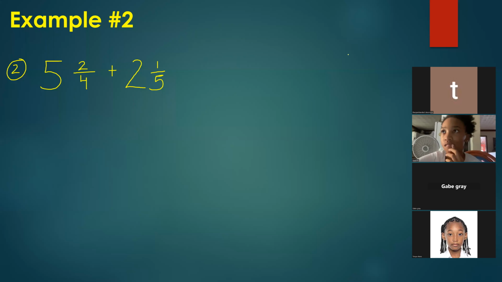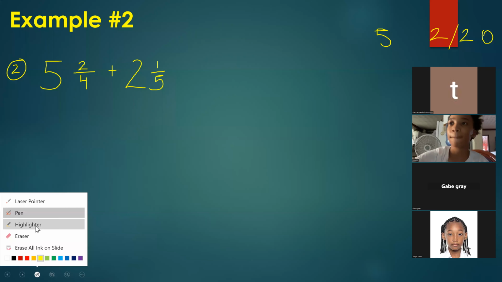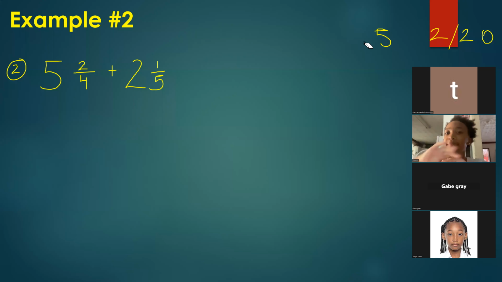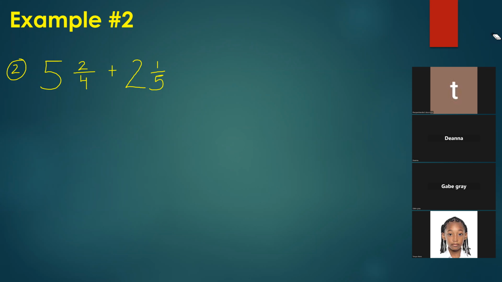Okay, in the chat, it's going to be a mixed number. So let's say you get 5 and 2 over 20, something like that. Diana, let me see your work. Can you take a picture of your work and let me see it? Yes, sir. Do not put the slash twice, just one slash.